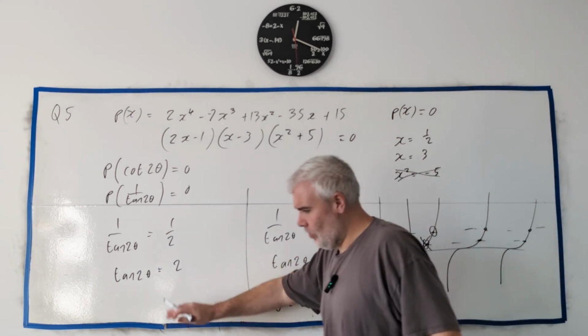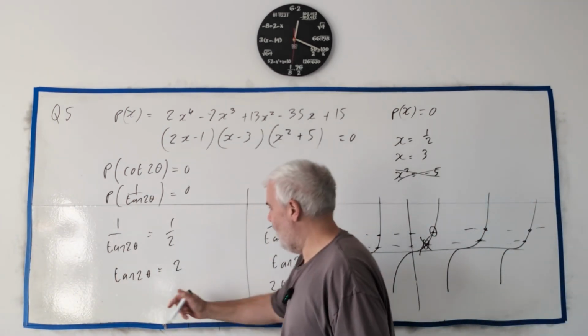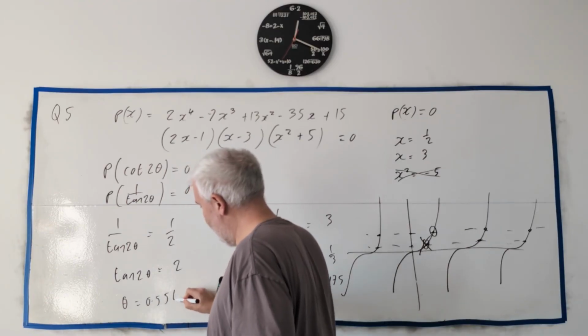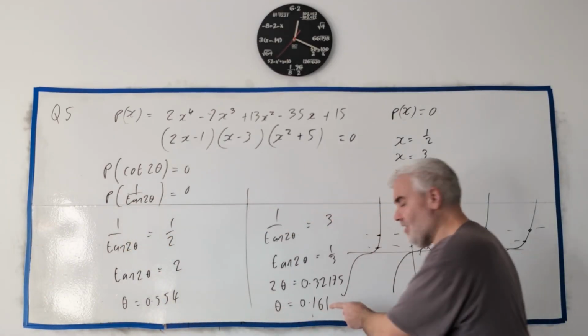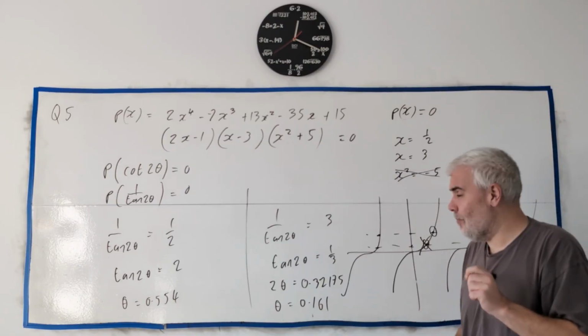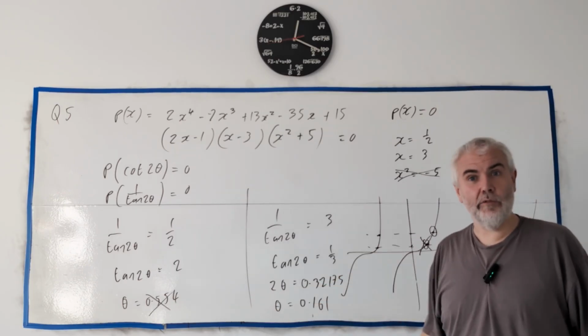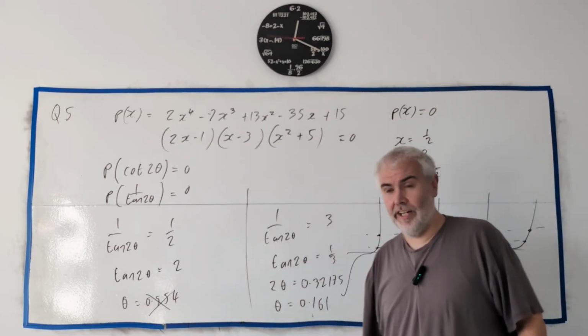You would also get an answer over here. I have it here, actually. This answer would be 0.554. It's okay if you got both of these, but it's very important at the very end that you tell the examiner that one's not correct. You can do it by just putting an X through it. That's fine.